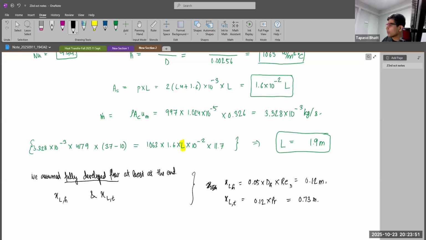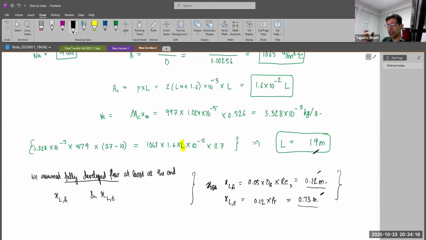So the thermal boundary layer is still very significant because it is almost half the length. Thermally, we may be not overestimating the analysis, but hydraulically we are safe because 0.12 is negligible in front of 1.9 meters. But thermally, it might be a bit unstable.